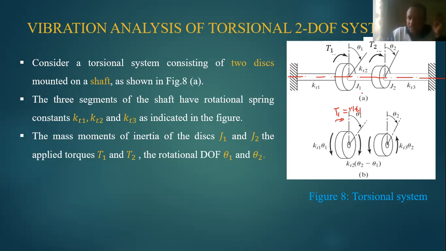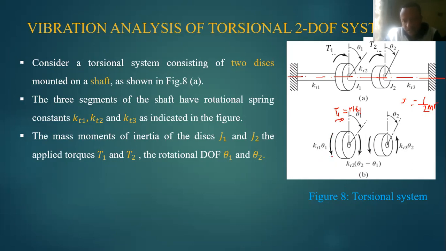The mass moment of inertia of the discs are J1 and J2, or this J is one half M R squared, mass times R squared, if mass is given. Anyway, the mass moment of inertia of the discs is also there.